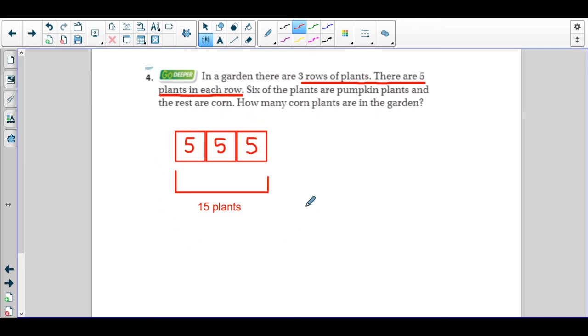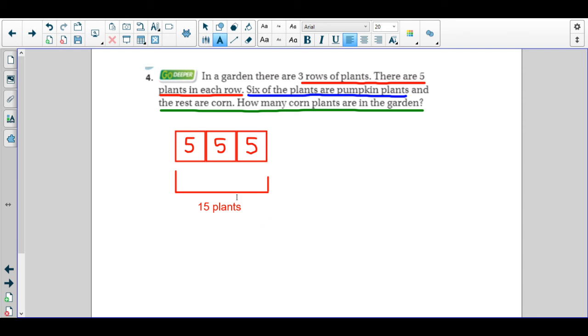That's what we have right here in the red. So we have a total of 15 plants. However, 6 of the plants are pumpkin plants, and then the rest are corn. All right, so the rest is corn. How many corn plants are in the garden?